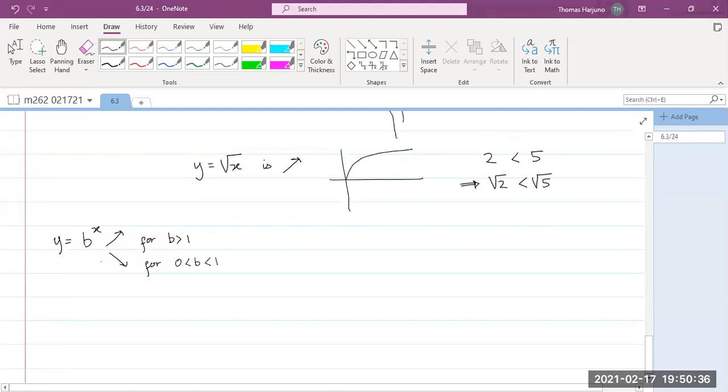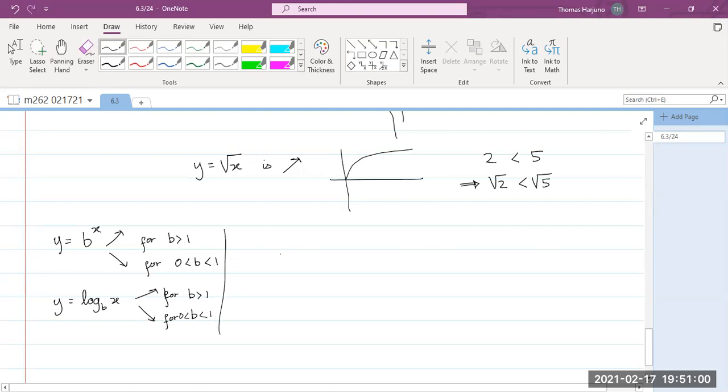Likewise, the logarithmic function, log base b of x, is increasing when the base is greater than 1. It is decreasing when the base is between 0 and 1. Now, how do we use this property then?